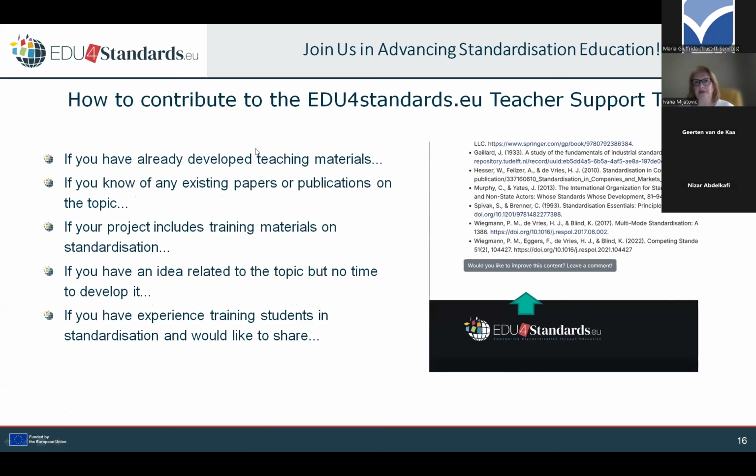However, the main task of the EDU4Standards teacher support tool is to provide exchange of opinion, exchange of ideas, exchange of teaching practice, good practice in teaching standardization, as well as teaching material.